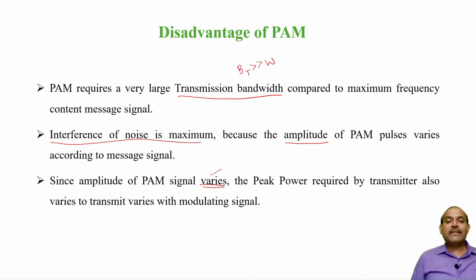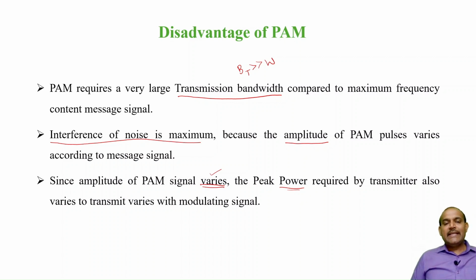As the amplitude varies, the peak power requirement also varies. So you cannot design a transmitter whose required power is constant. It keeps on varying, therefore it is a little difficult to design the circuitry. These are all the disadvantages of pulse amplitude modulation.